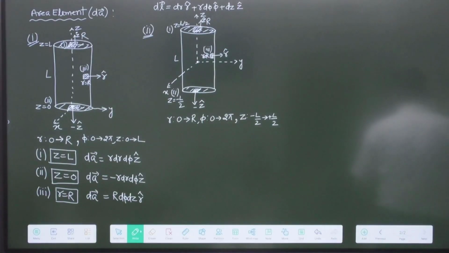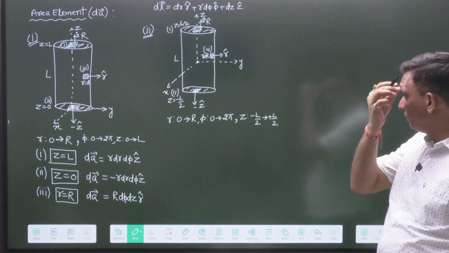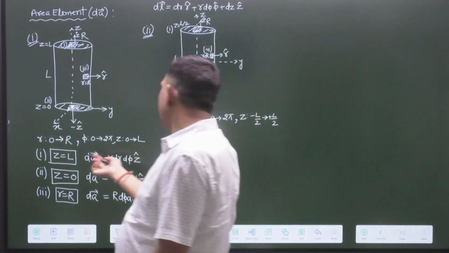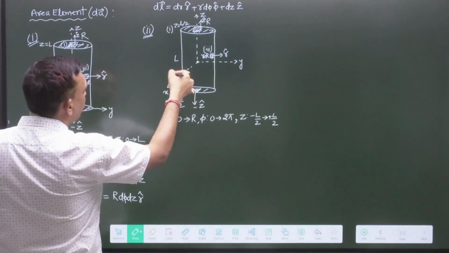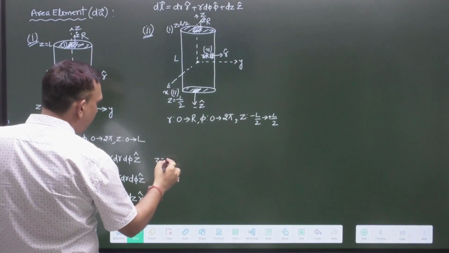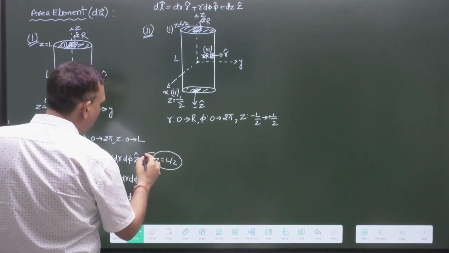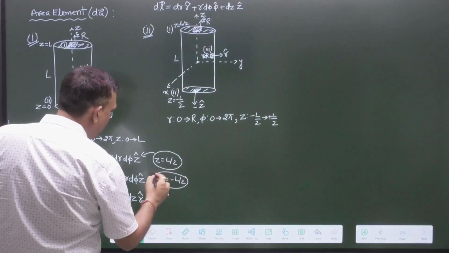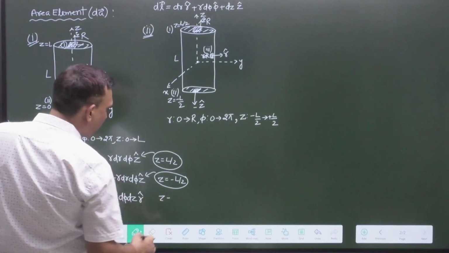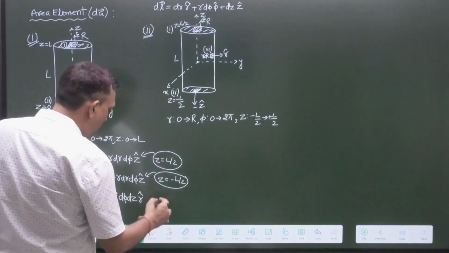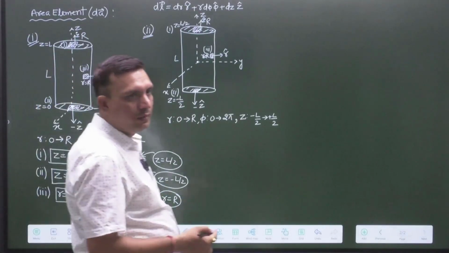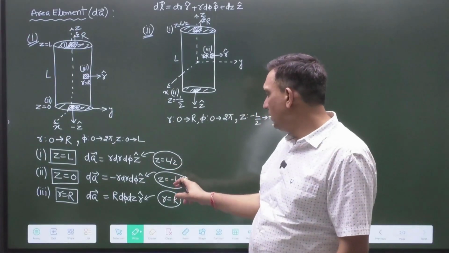The area elements are the same as before: this one is for z is equal to L by 2, this for z is equal to minus L by 2, and this for r is equal to R. Only you write L by 2 and minus L by 2.